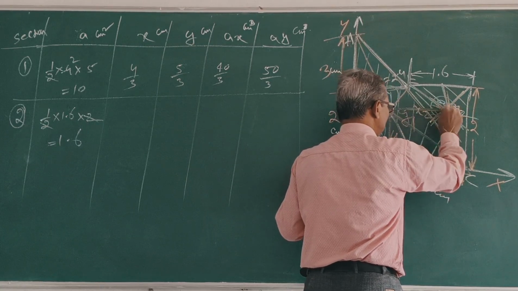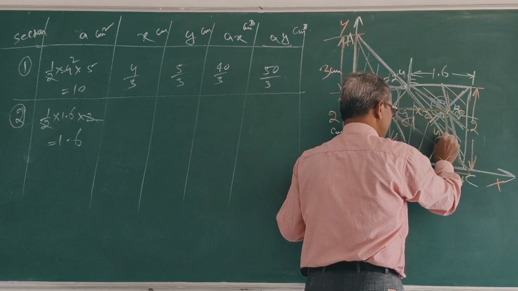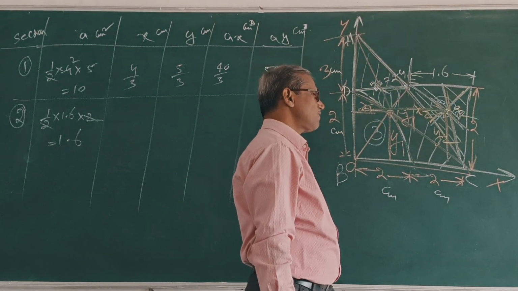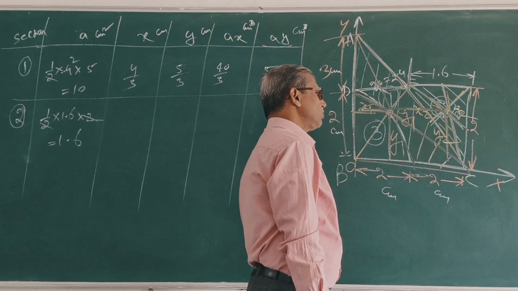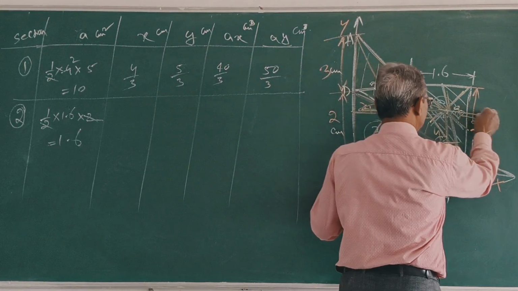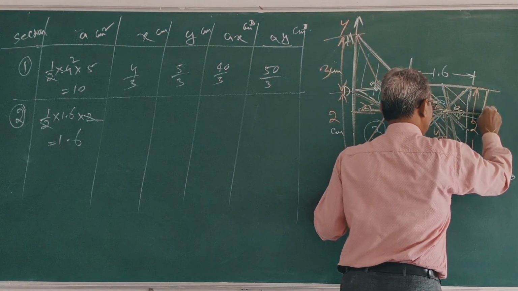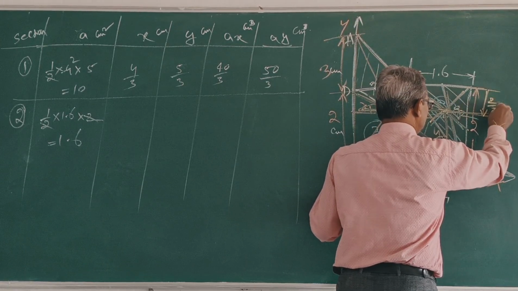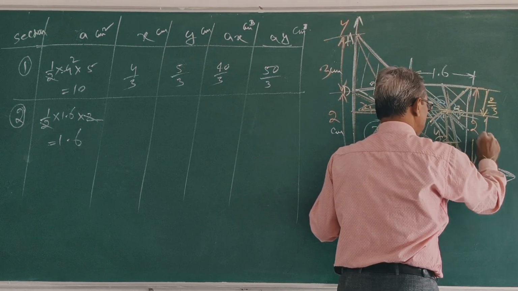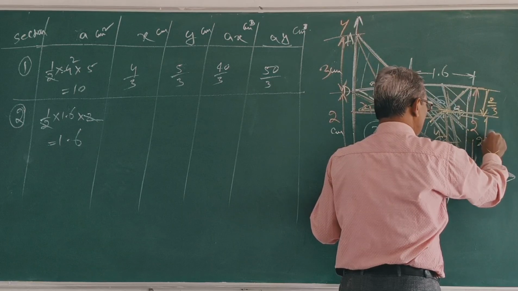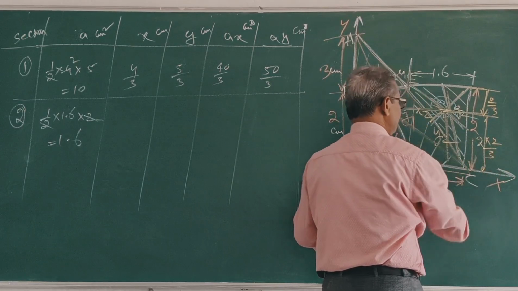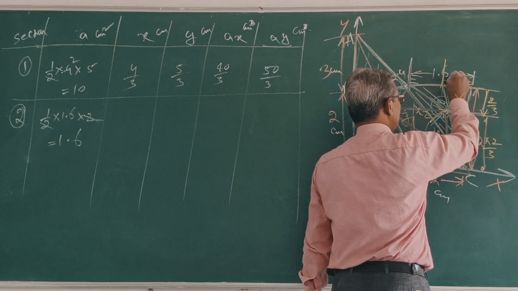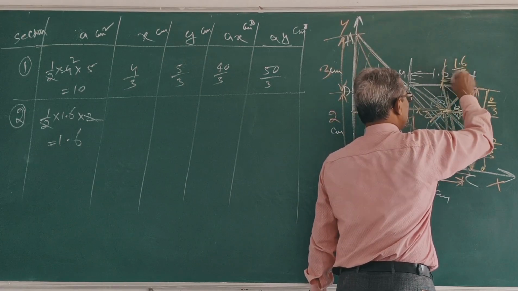So this is S2. What is this? Y2. Clear? What is Y2? This is G. What is this length? H by 3. 2 by 3. This is 2H by 3. 2 into 2 by 3. Similarly, this length H by 3. 1.6 by 3.